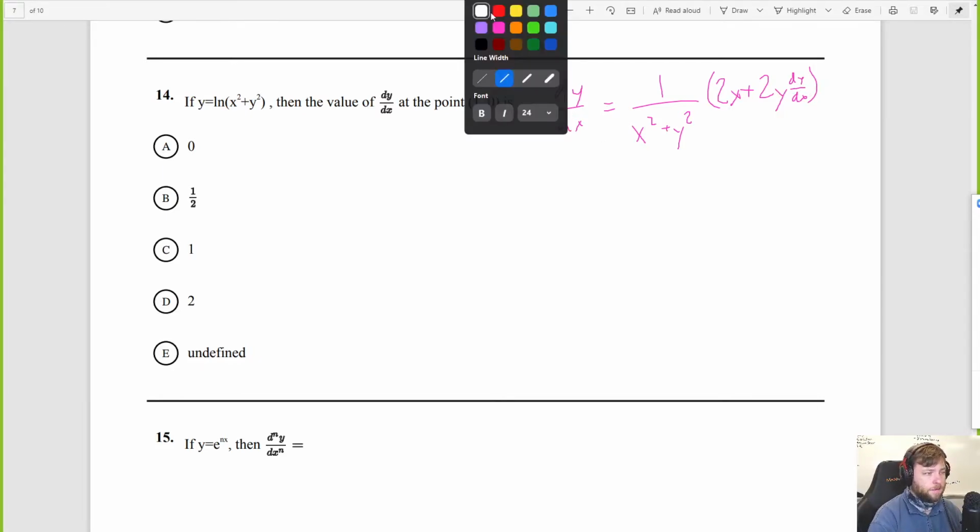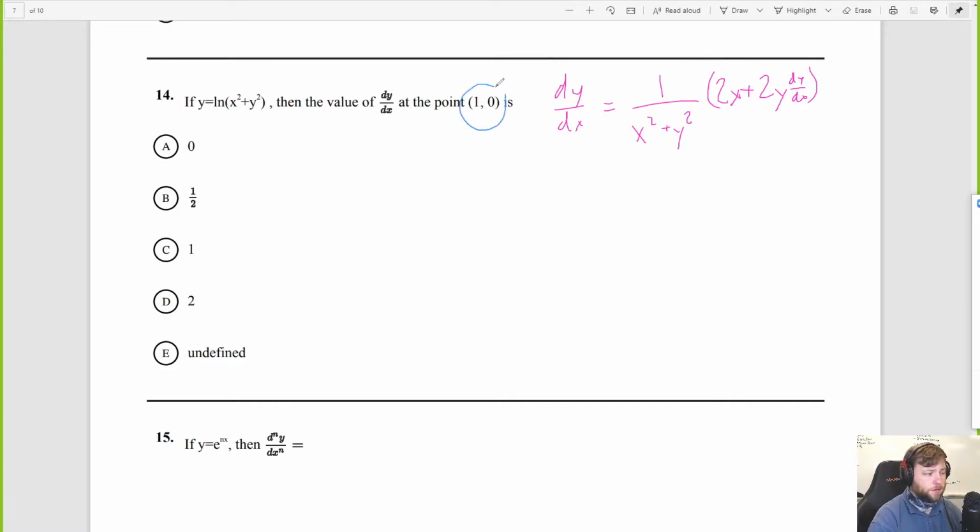If you just have to plug a point, let's do that, because especially when y is 0, it's going to cancel out something. So I get my dy dx equals 1 over 1 squared plus 0 squared, times 1 times 0 dy dx on top. That ends up going away. Just left with 2.